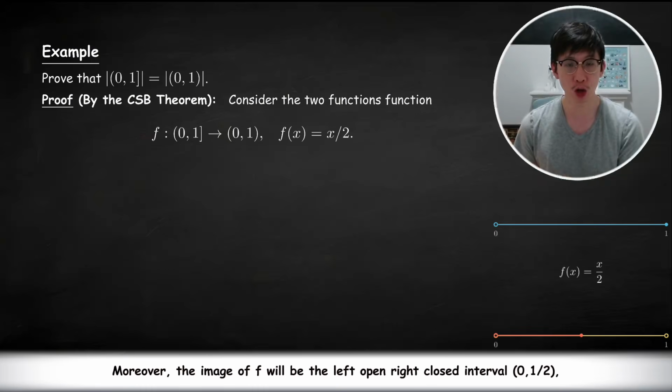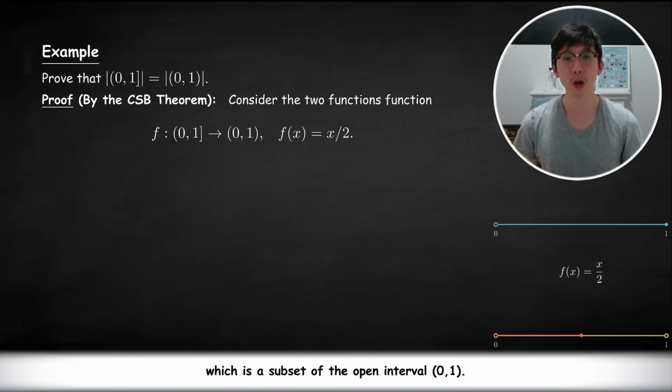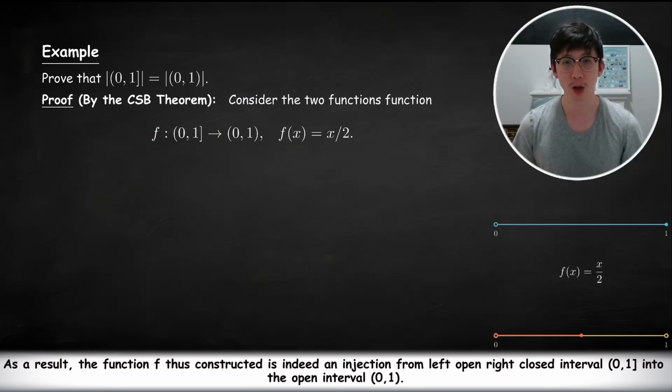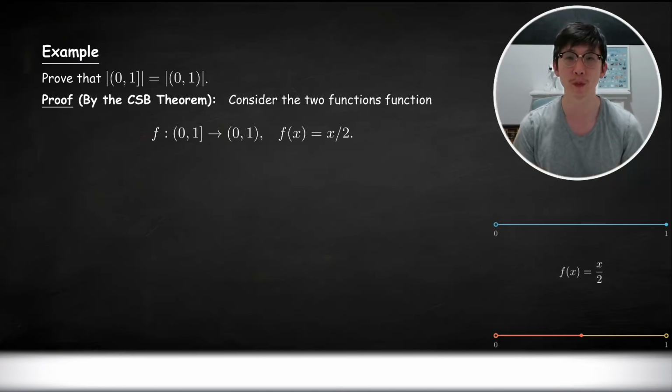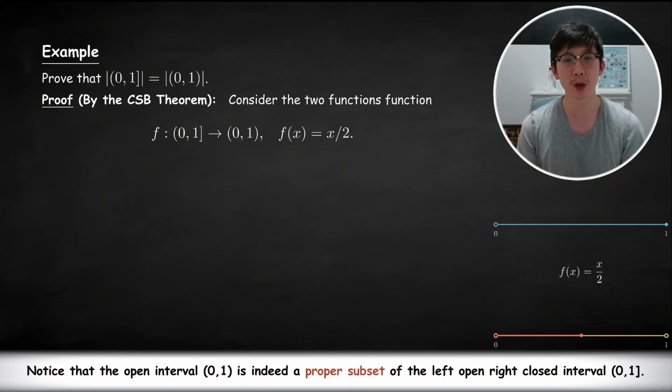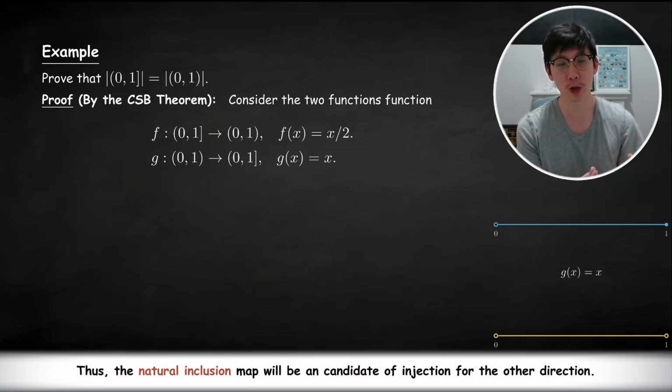Moreover, the image of f will be the left-open right-closed interval (0,1/2], which is a subset of the open interval (0,1). As a result, the function f thus constructed is indeed an injection from (0,1] into (0,1). Notice that the open interval (0,1) is indeed a proper subset of the left-open right-closed interval (0,1]. Thus, the natural inclusion map will be an easy candidate of injection for the other direction.